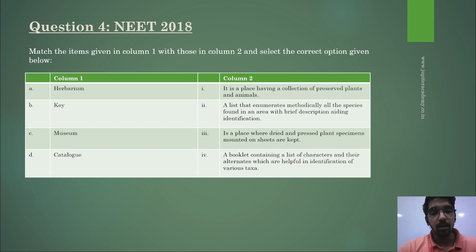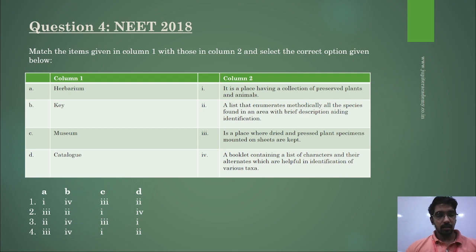If you see option 4 in column 2, it says a booklet. So normally students get confused, saying catalog for option D, that option 4 can be the answer because it says book. You do not have to see such terms. You have to see the keywords, which we will discuss now.